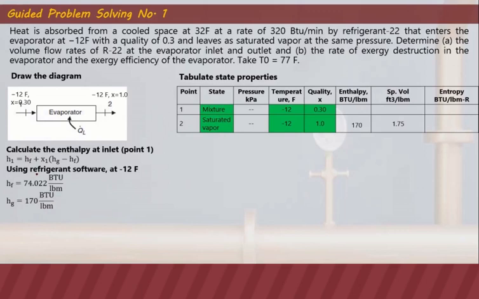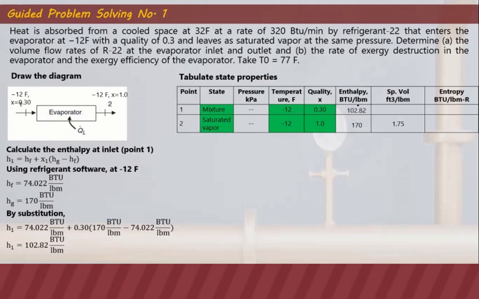Using the software, at negative 12 degrees Fahrenheit for refrigerant 22, we can get hf and hg. Since we already have x1, we just substitute these values to get h1. And h1 is 102.82. So our enthalpy at the inlet is 102.82.